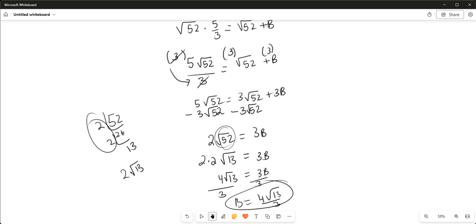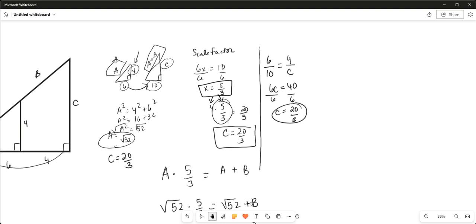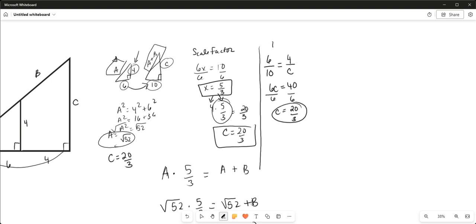Okay, now we can also do this using proportions. So we just set up our proportion. We can say 6 is to 10 as a is to a plus b.